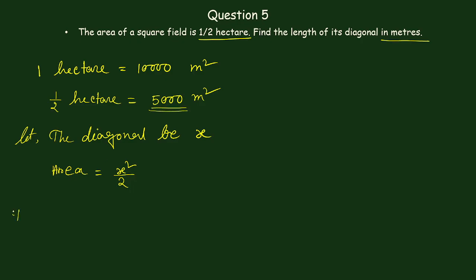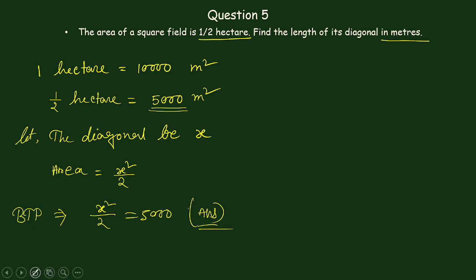So by the problem, x square by 2 is equal to 5,000. Solve this equation and find the answer. Simple equation. Pause the video and solve it.